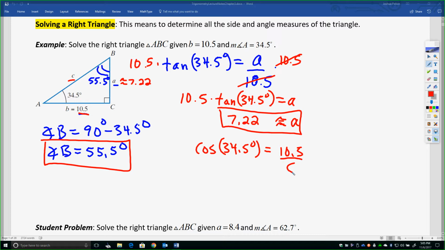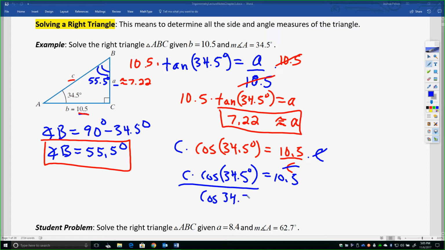So multiply both sides by c this time, which will cancel the c, leaving me with c times the cosine of 34.5 degrees equals 10.5. Now we'll divide by the cosine to get c by itself. Cancel. And again, make sure your calculator is in degree mode since you are plugging in degrees. And you get about 12.74.